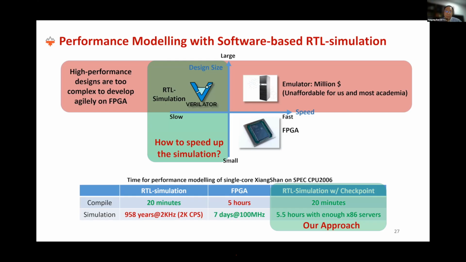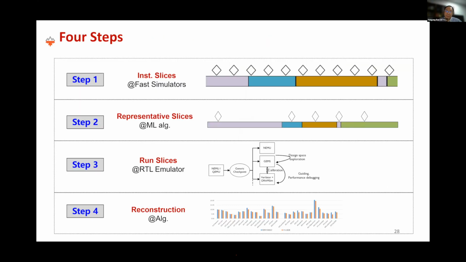This is our approach. In particular, there are 4 steps. The first step is to chop the whole program execution into multiple slices. For the second step, we use a machine learning algorithm to choose the representative slices. For the third step, we run the slices on the RTL emulators.